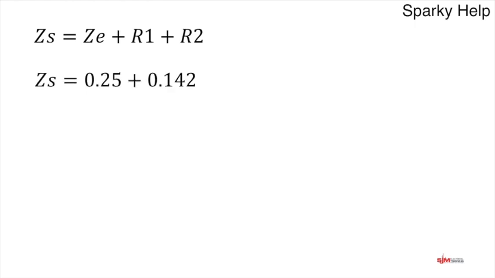Well, we've already made an assumption on that. ZE is 0.25. We've already calculated in a previous video 0.142, which is our R1, R2 for this particular circuit based on these cables. So therefore our ZS is 0.392 ohms. Remember, I've already calculated this up. This is at 70°C.